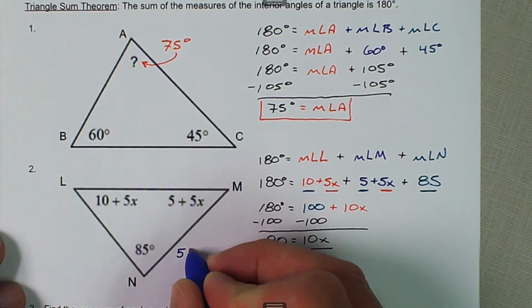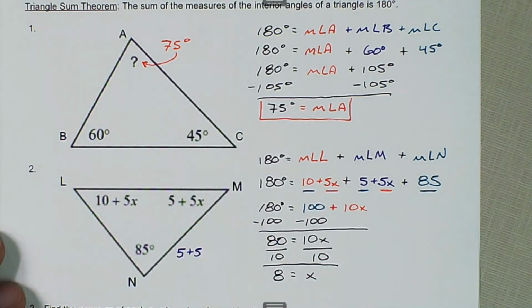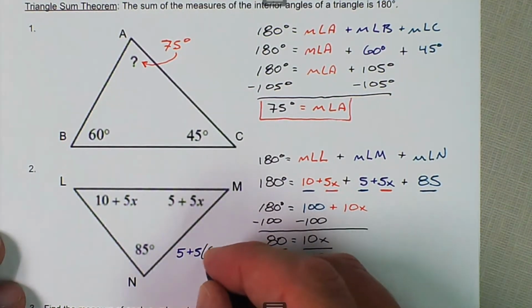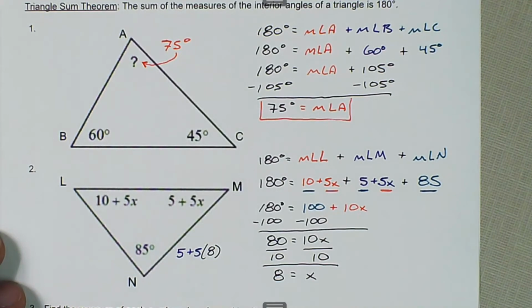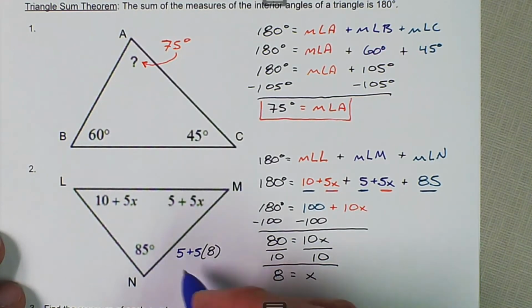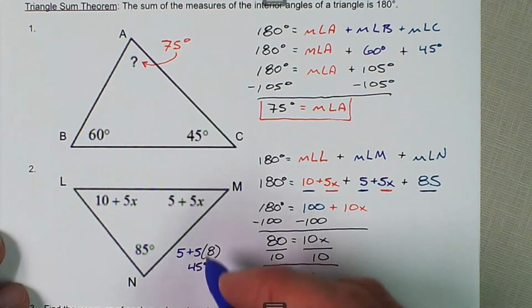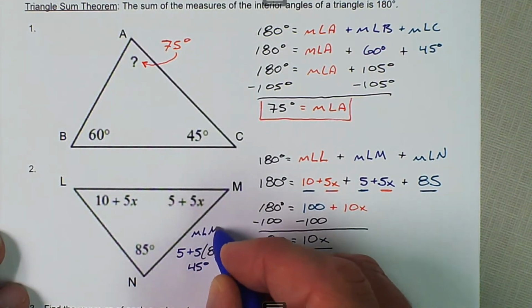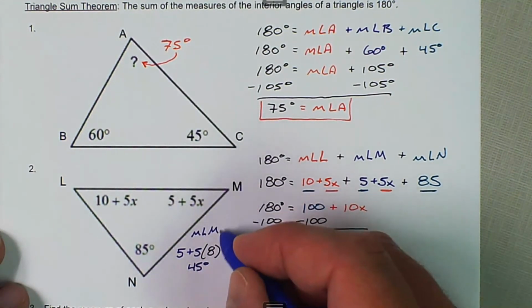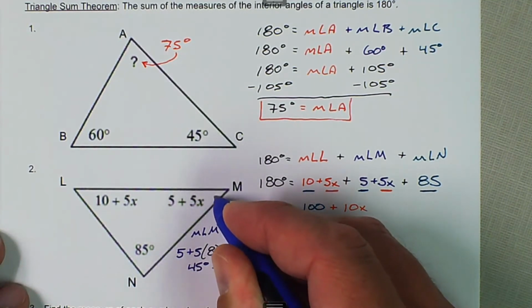So 5 plus 5 times 8 and then we get 45. 5 times 8 is 40, plus 5, that's 45 degrees. So this is the measure of angle M. It's 45 degrees.